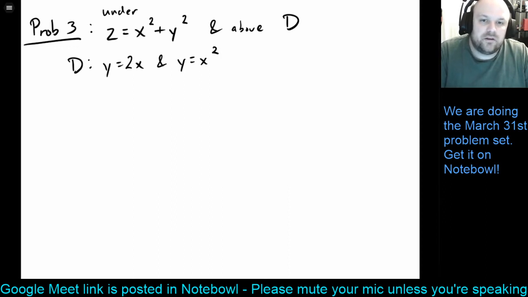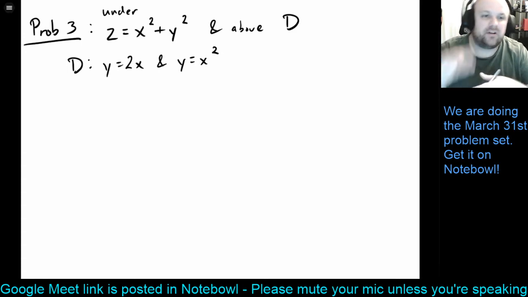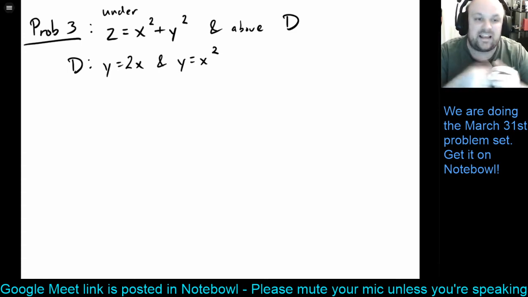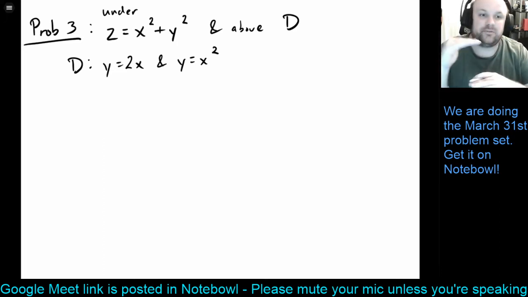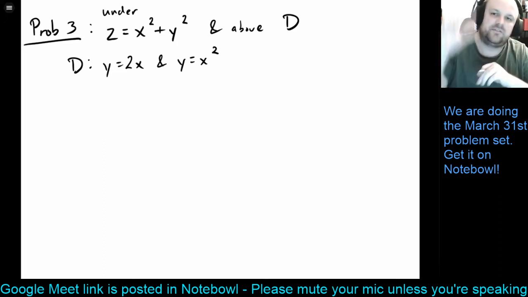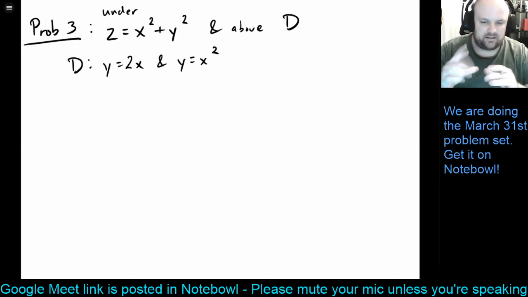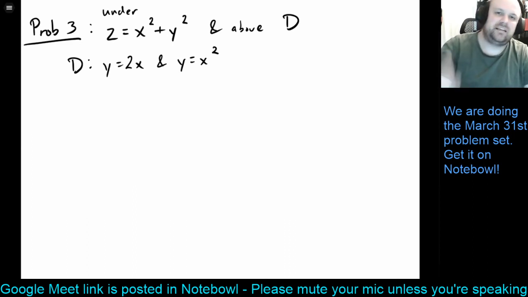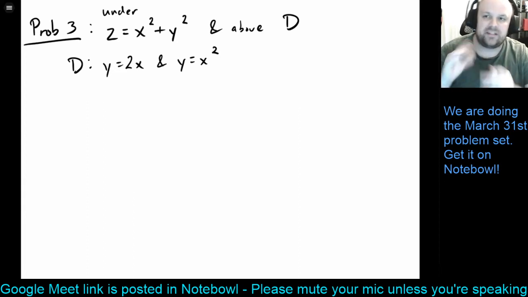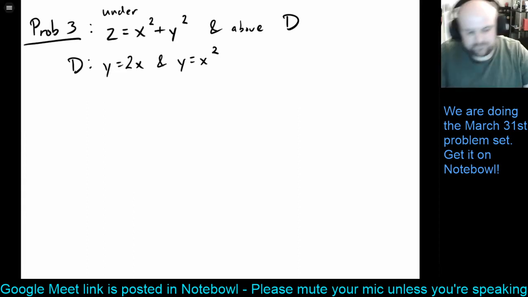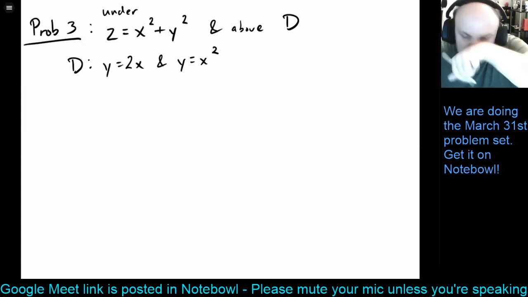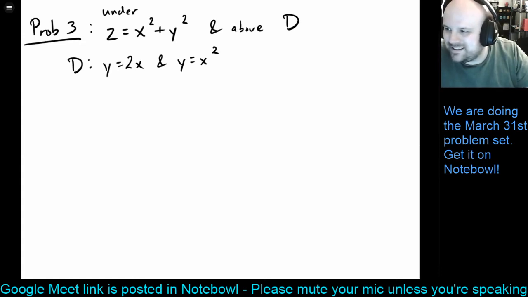When we're finding the volume between two surfaces or under a surface, it should remind you of finding the area under a curve or the area between two functions. We just integrate the function for z. We take the top function for z and subtract the bottom function for z, and that difference is what we integrate.